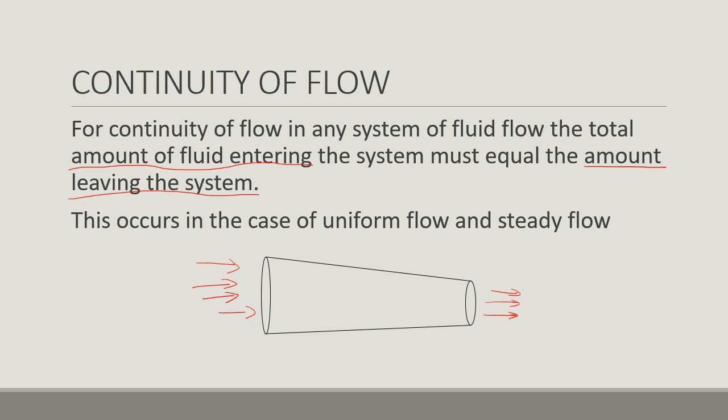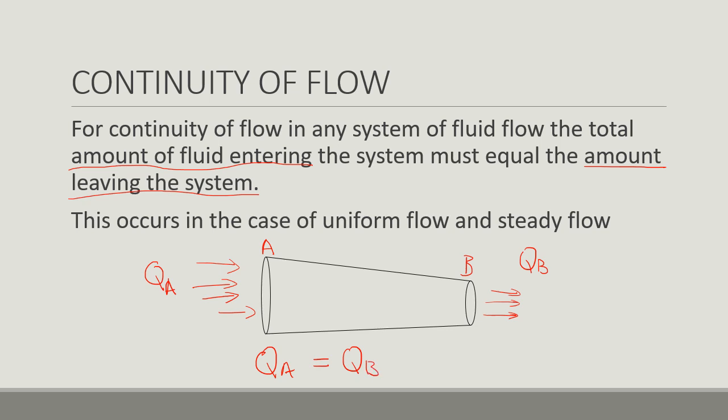And we know that our rate of fluid flow is given by discharge quantity Q. Let us call this point A and this is point B. So now QA will be equal to QB according to this condition. So for continuity of flow, QA must be equal to QB.